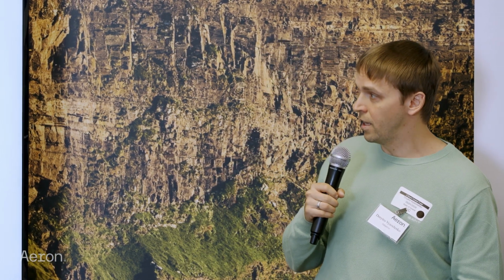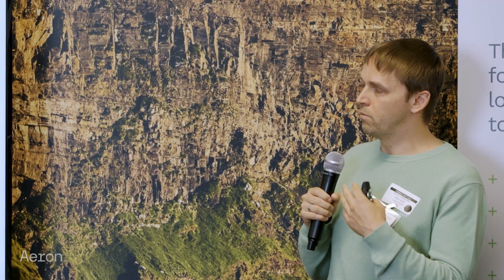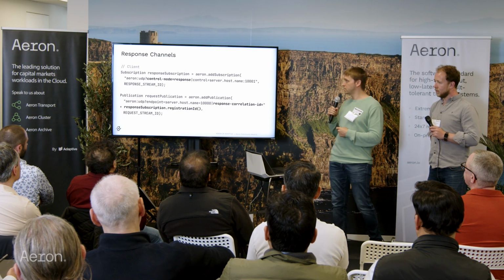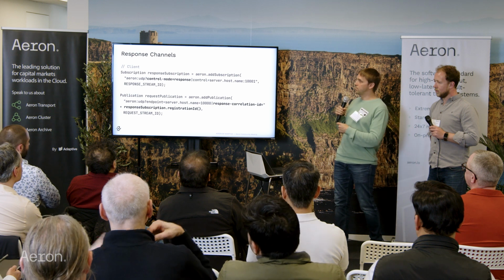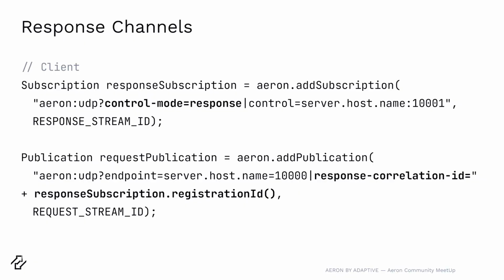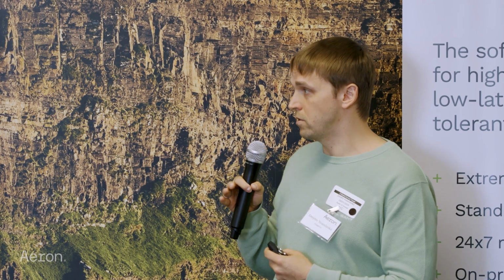The way it works is a new kind of MDC-style mode, called response mode. When you create a subscription, you specify control mode response, and you see it doesn't expose anything. There's a local endpoint to connect to, which you can specify if you want a specific port, but normally you won't, and you just specify the server port you're going to connect to.